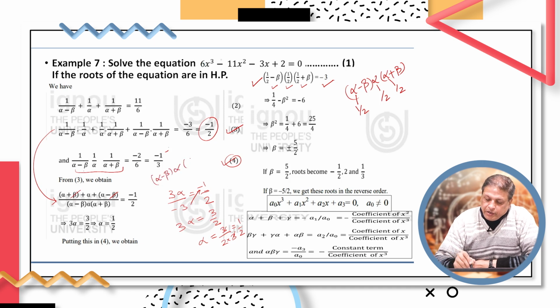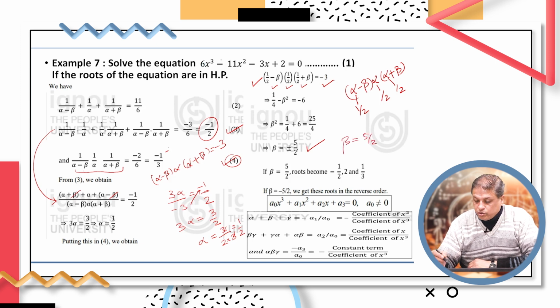Substituting beta equal to 5 by 2, we will get the 3 roots alpha minus beta, alpha and alpha plus beta, and those roots are minus 1 by 2, 2 and 1 by 3.